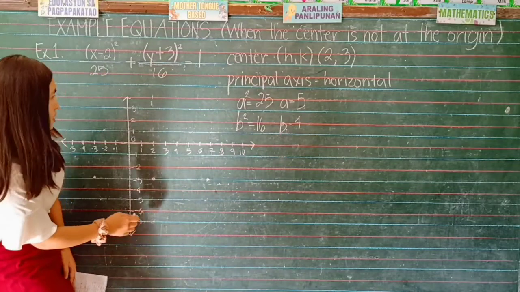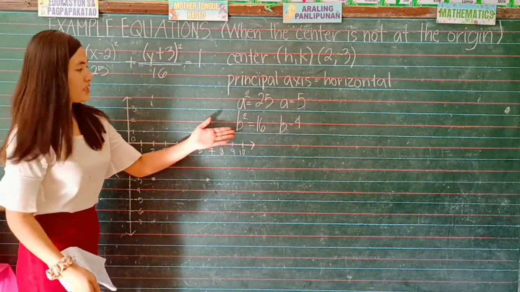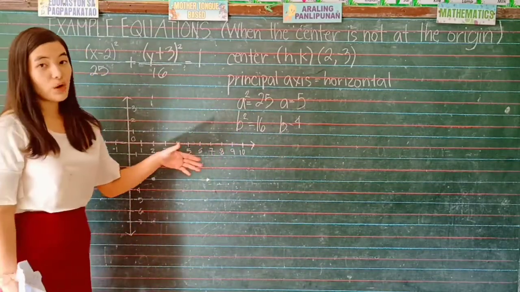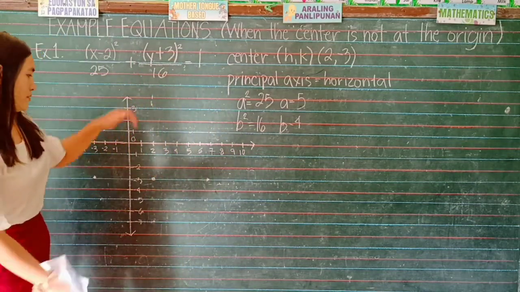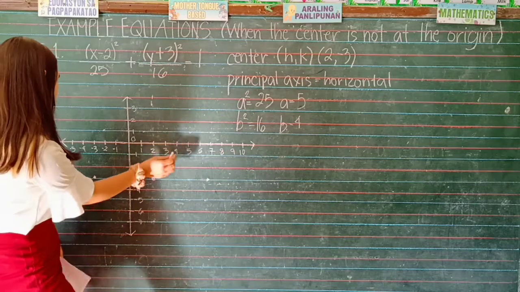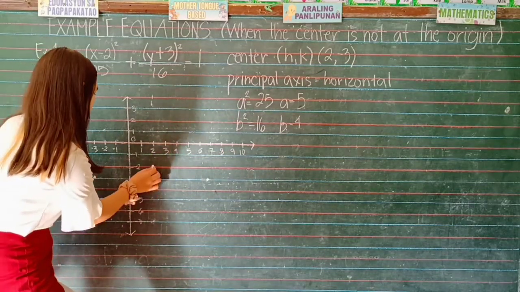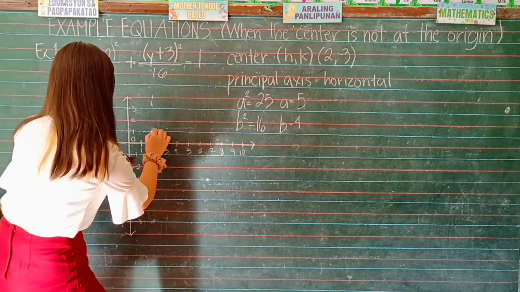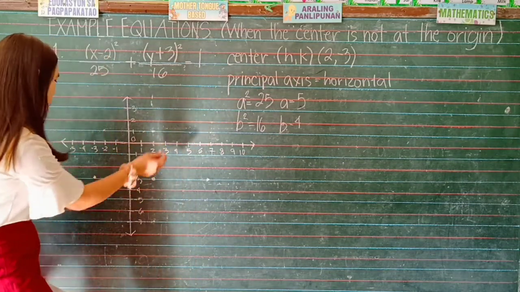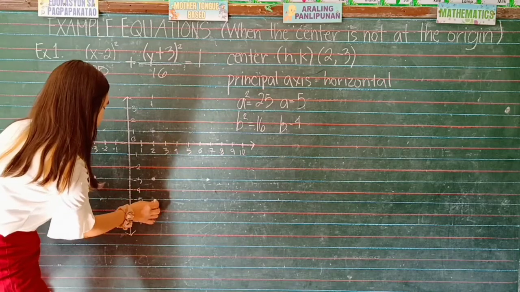The b represents the co-vertices. We start counting upward: 1, 2, 3, 4. And then downward: 1, 2, 3, 4.